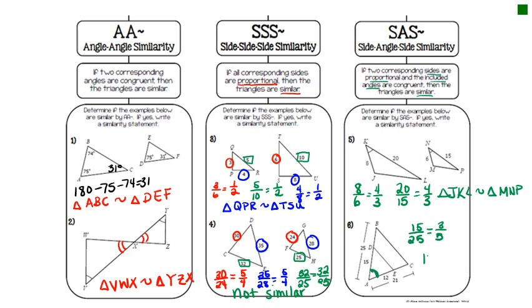And now 12 over 21 reduces to 4/7. These are not similar. All right, so triangles can be proportional or similar by the AA similarity, the SSS similarity, and the side angle side. When we talk about angles, we're looking for congruent angles, and when we're looking for sides, we're looking for proportional sides.